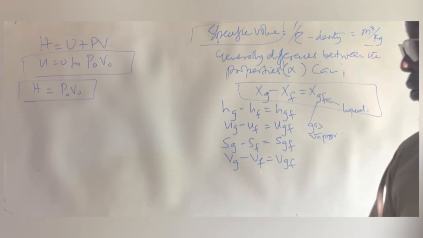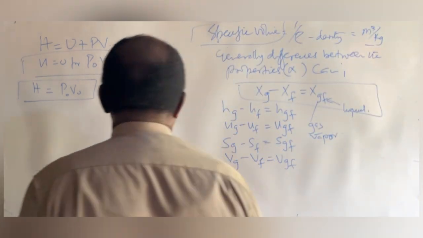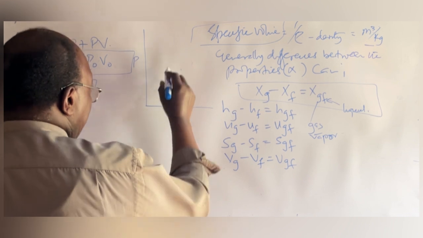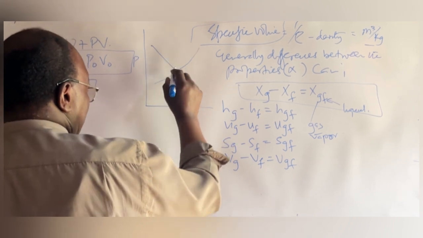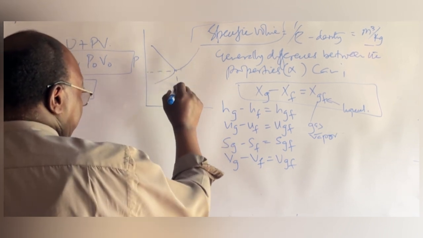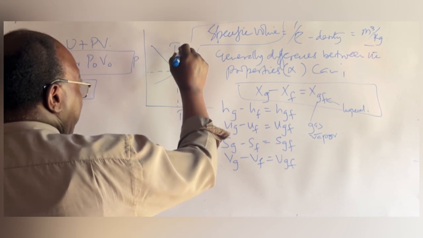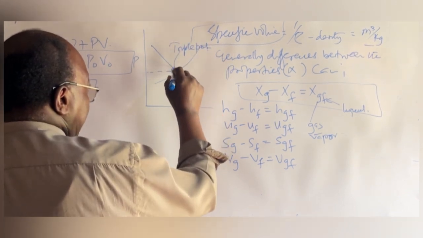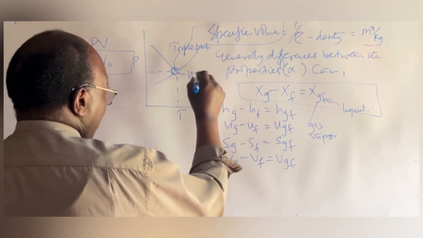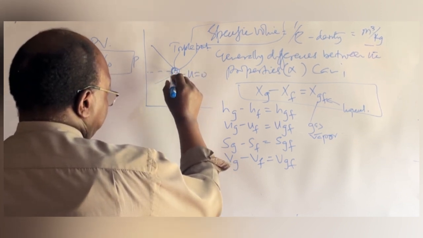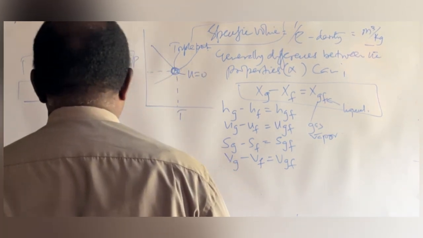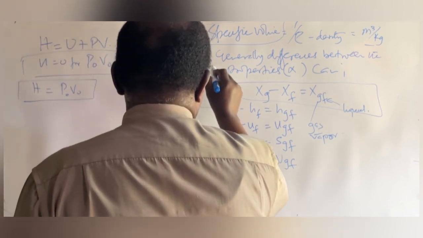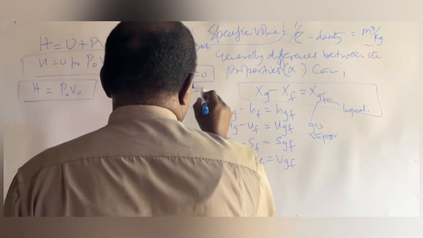But in practical reality, looking at the pressure temperature diagram, let's go back to water, it is assumed at the triple point that U is equals to 0 and S is equals to 0.